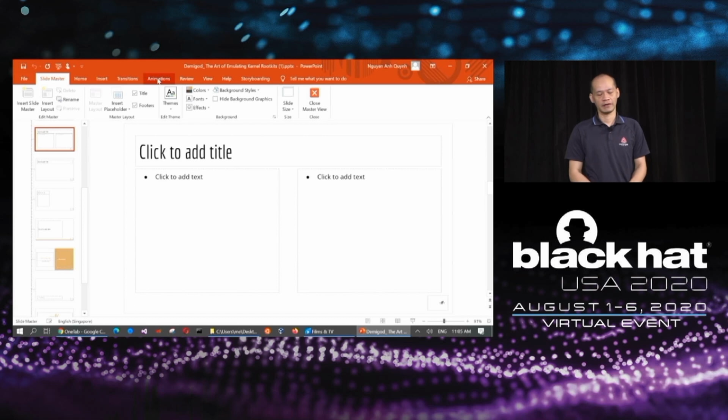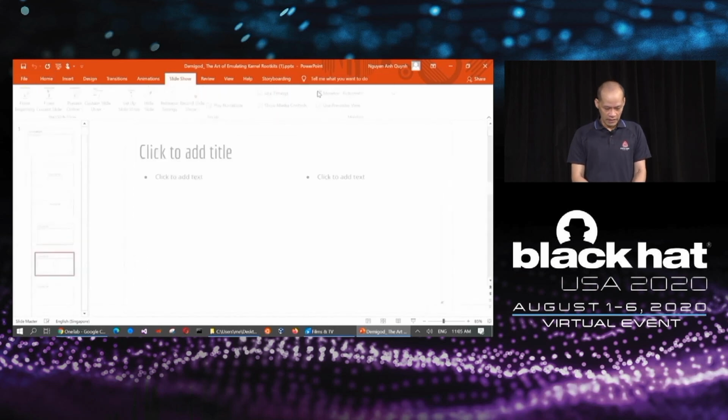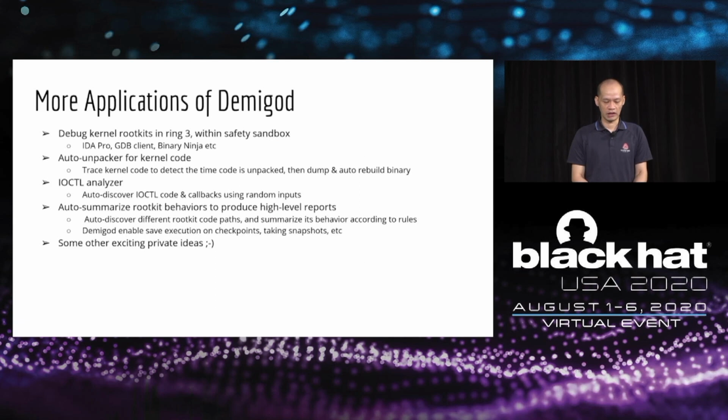Okay, so you can see that Demigod can emulate kernel rootkits, but more than that, you can build many more applications on the Demigod framework. You can debug kernel rootkits inside ring three, like what I already showed. You can build an auto unpacker for kernel code, so we can trace code inside the kernel rootkit to detect the time the code is unpacked, then we dump it and can automatically rebuild the binaries.